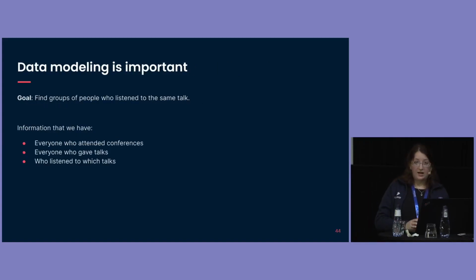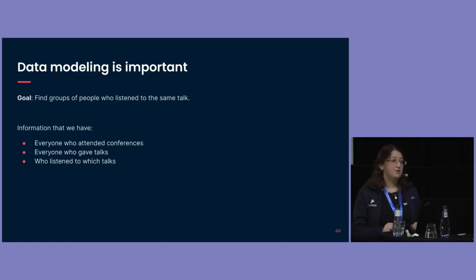And to help to demonstrate how data modeling can make or break your project in graph database, let's take an example of PyCon here. So the goal is to find a group of people that listened to the same talk.